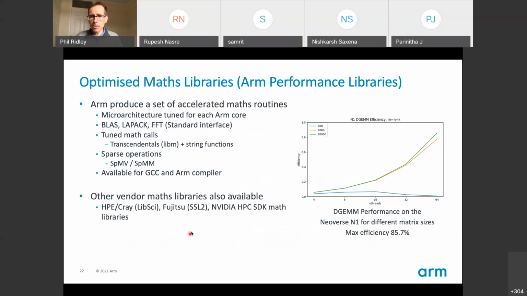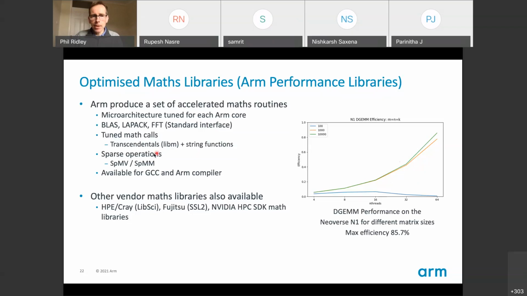In terms of performance, this graph for DGEMM gives you a general idea. As we increase the number of threads, the efficiency is good, and you can get close to peak performance with these routines.